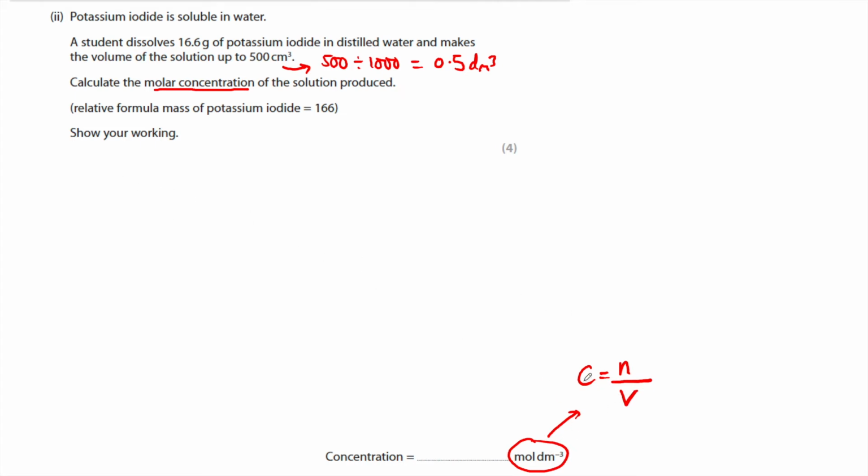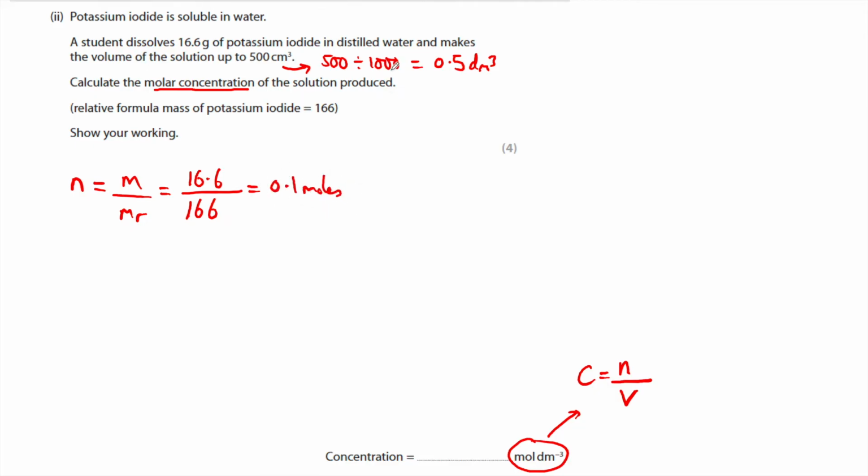So we need to know the concentration, which means we first need to work out the number of moles of potassium iodide we have, and we're given the mass and the molar mass. The first thing is, remember, the number of moles is the mass divided by the molar mass. So we've got a mass of 16.6 grams, and the molar mass is 166, so that gives us 0.1 moles.